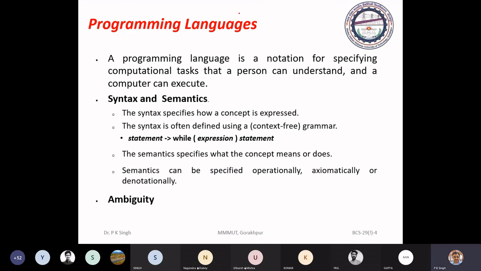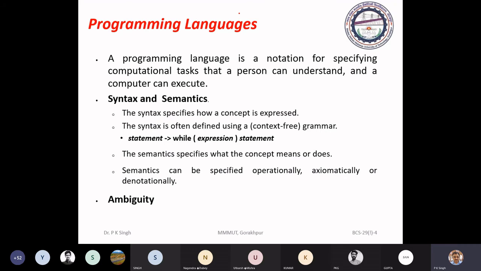So similarly, you will see the grammar produces, although it is syntactically correct, two different meanings. Then again, you can't go for the translation. You can't infer. If you are able to develop the understanding, then only you can go for the translation.